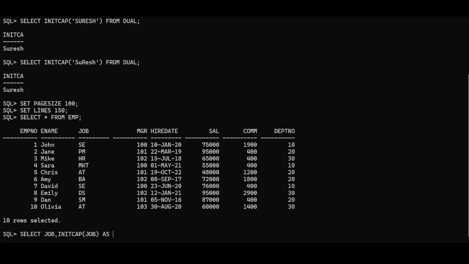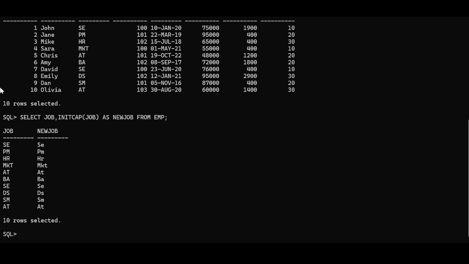I want to display it as something like new job. I am using an alias name here, from EMP. And if you see the output, we have applied the INITCAP function successfully, but it is not making any sense to apply INITCAP to the job.